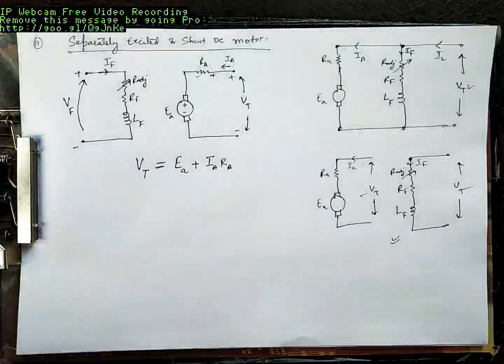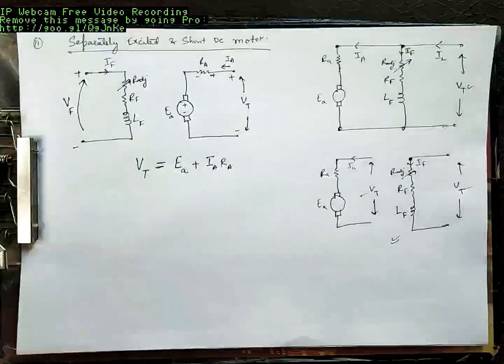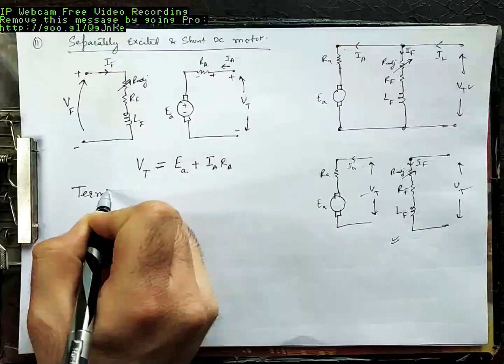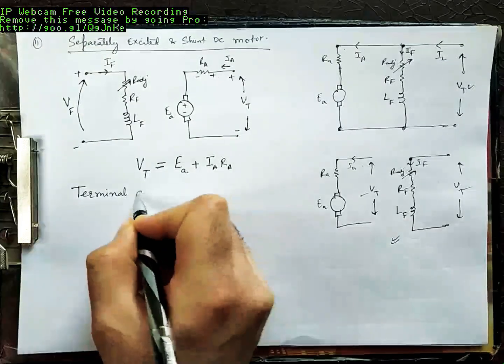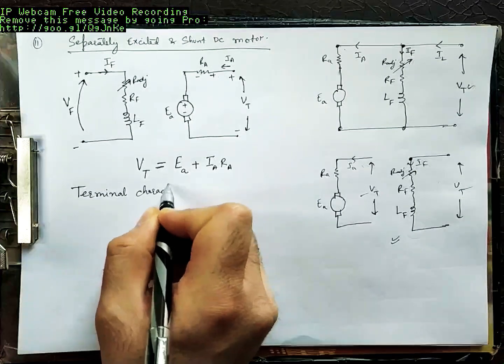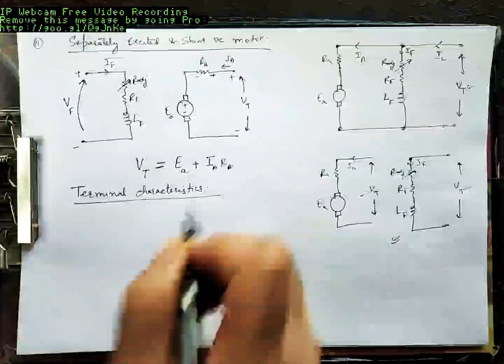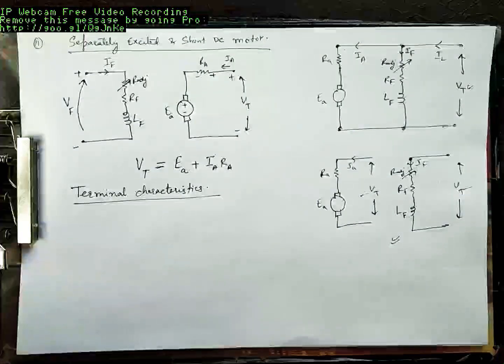We want to study the terminal characteristics of this shunt motor. By terminal characteristics, we basically want to see what happens to the speed of this motor as load on this motor increases. That is terminal characteristics. In fact, we have to study terminal characteristics of all the motors and then we will compare the motors.